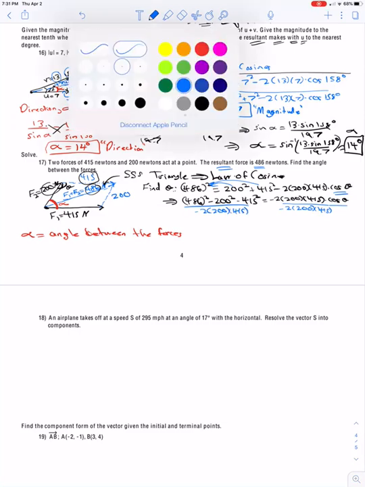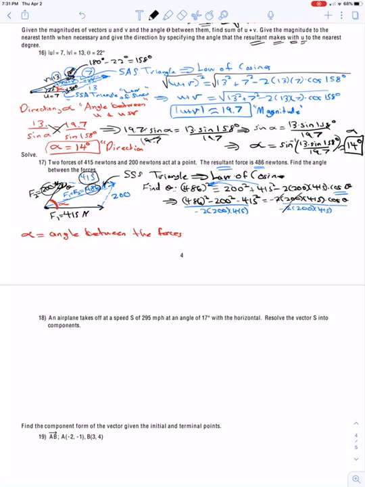All right, and what happens when we do that? When we divide both sides by that, we can cancel out these. So we end up with the cosine of theta equal to 486 squared minus 200 squared minus 415 squared divided by negative 2 times 200 times 415. And then at that point, we can use inverses.